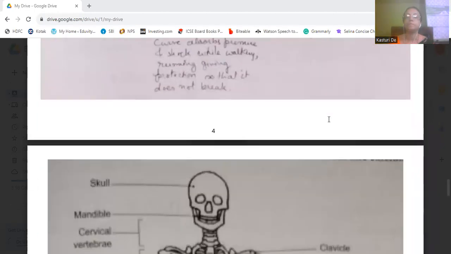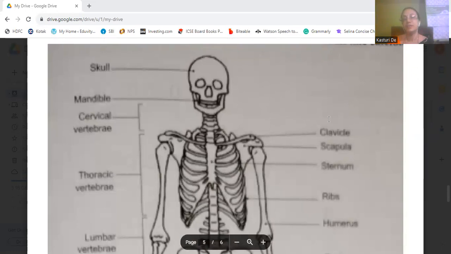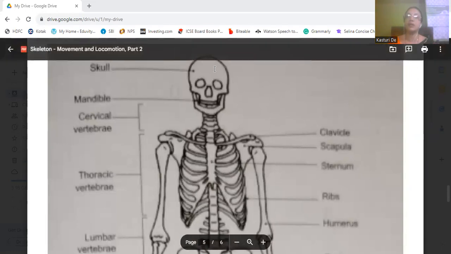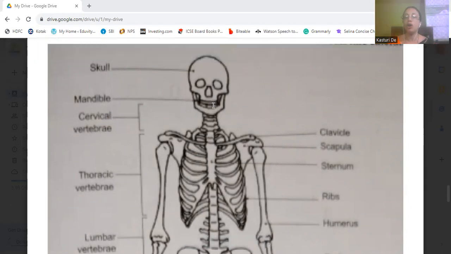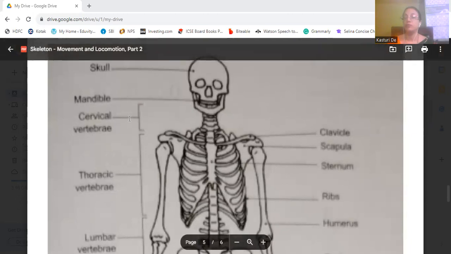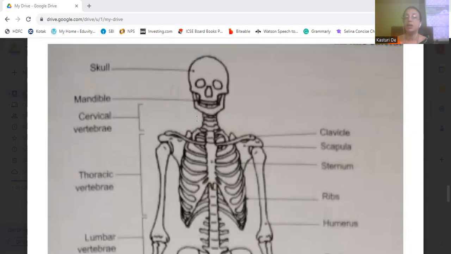Now we can see the skeleton. This is the skull of our body, which has 14 facial bones and 8 cranium bones, which include the upper jaw and the lower jaw. The lower jaw is known as the mandible. Then we come to the vertebral column. This is the cervical vertebrae, the neck region.